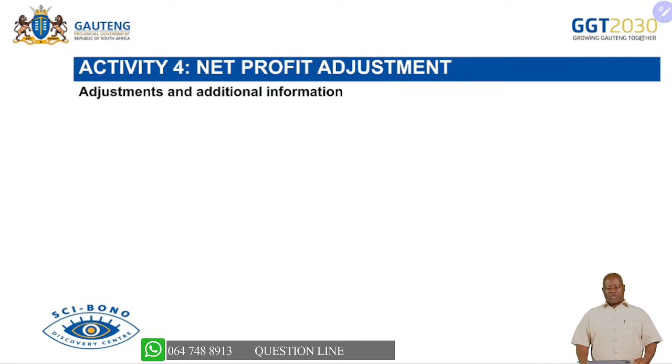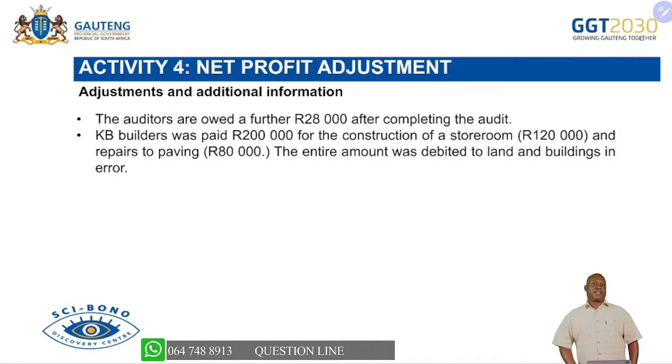Now let's move on to the next adjustment. The next adjustment says the auditors are owed a further 28,000 after the completion of the audit. So we are owing auditors 28,000. What does that mean? Remember, audit fees are an expense.